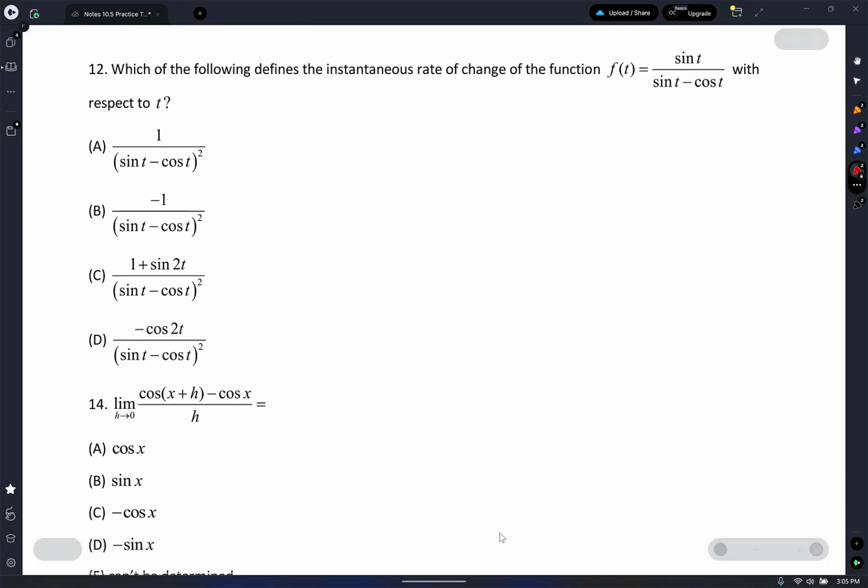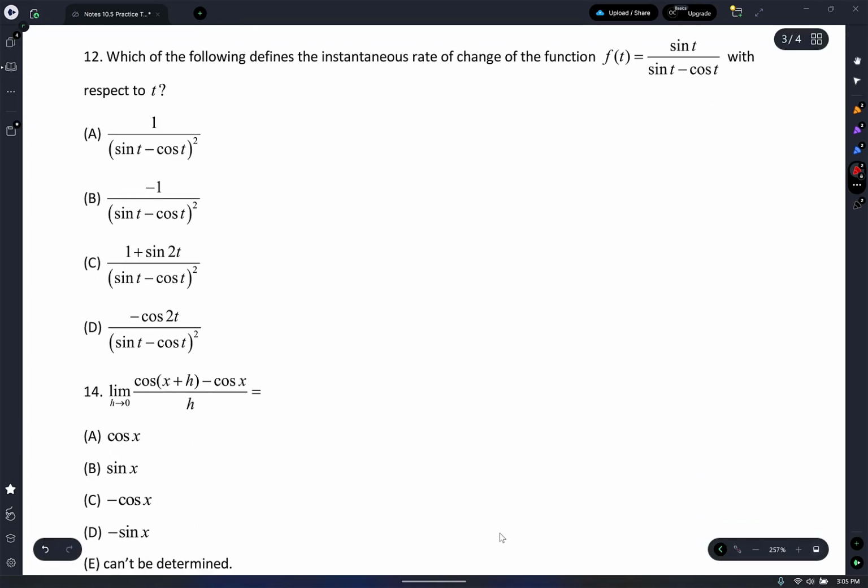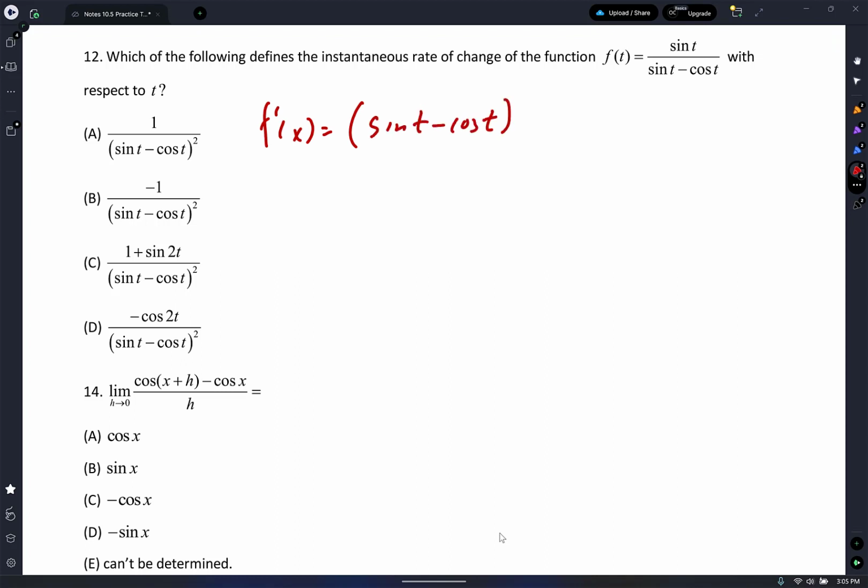All right, question 12. Which of the following defines the instantaneous rate of change of the function with respect to t? They give you a whole bunch of answer choices, A, B, C, D. What does instantaneous rate of change mean? A derivative. Perfect. So what rule do I have to use for this? Quotient. So bottom, and I'm taking the derivative with respect to t, guys: sine t minus cosine t times the derivative of the top.